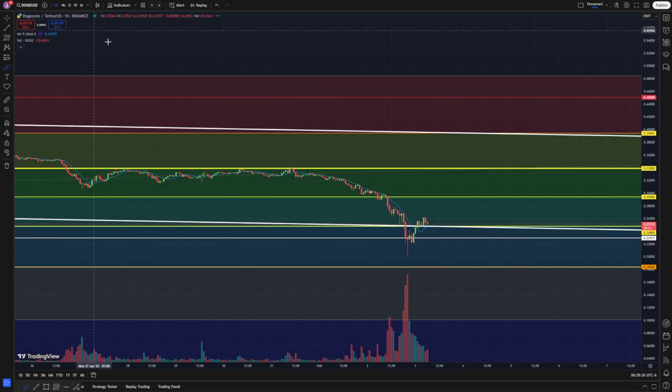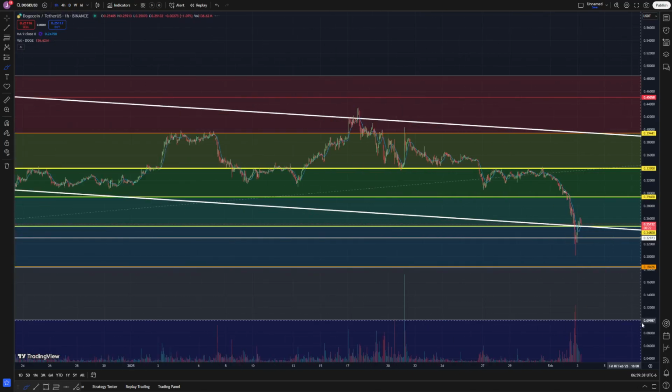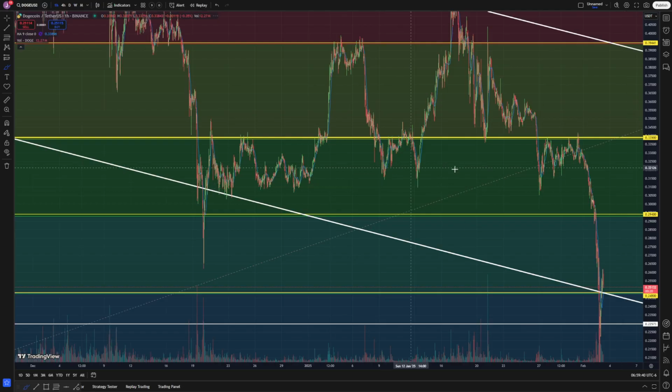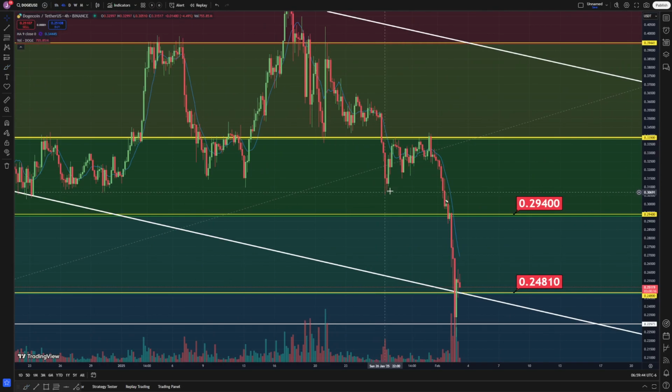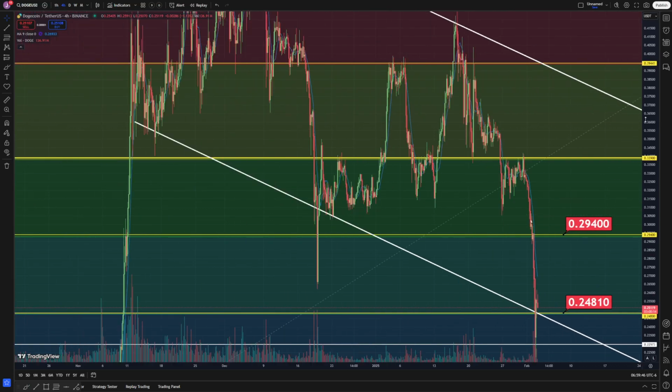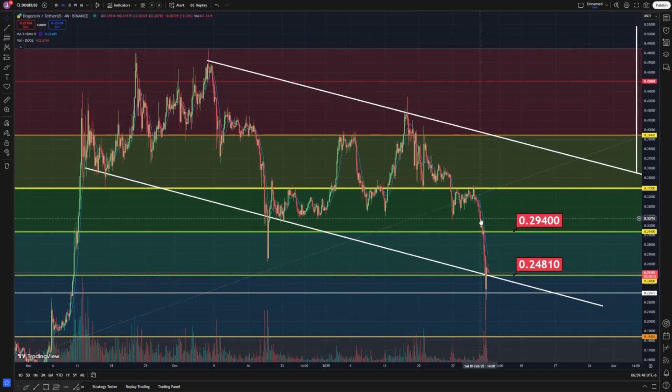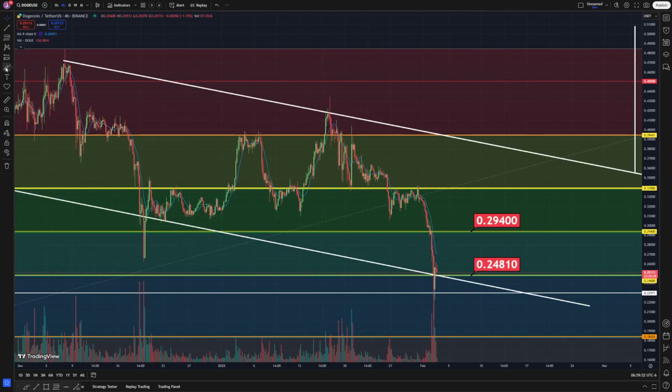Let's go into like the 1 hour time frame, because this is another thing that I was looking at. Or maybe the 4 hour time frame. Let's look at the 4 hour. One thing we have to do is break some of these downtrends, because this is another thing I was looking at: resistance, something like that.